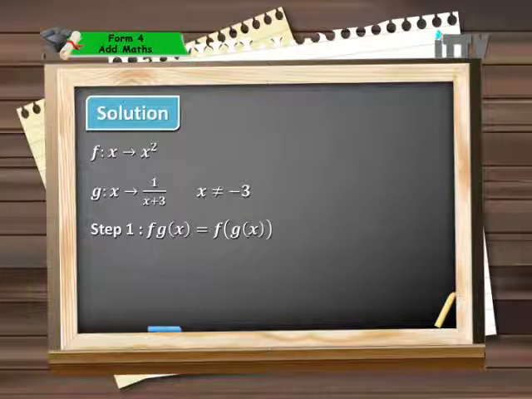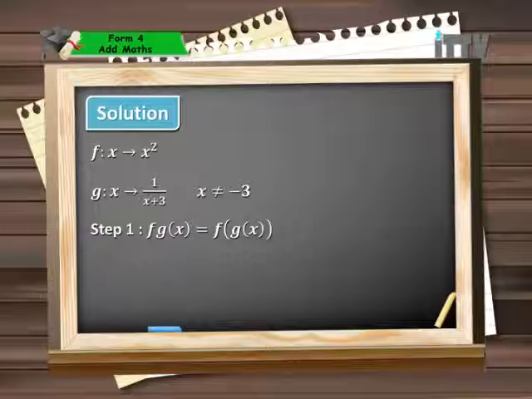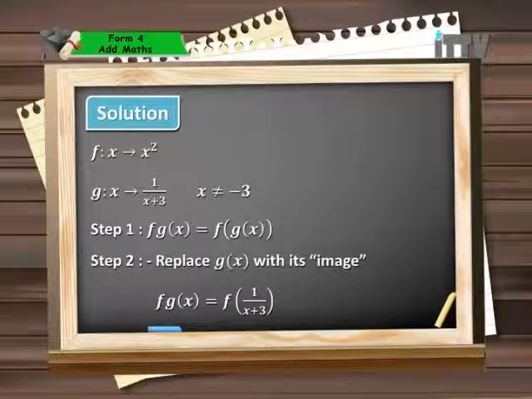Having cleared the air about the two functions given, let's look at our first step, viewers. Firstly, we must understand what f of g means. f of g(x) is equal to applying the function g into the function f. What this means then is, as you can see from step 2, we need to replace g(x) with its image. What does that mean, viewers?